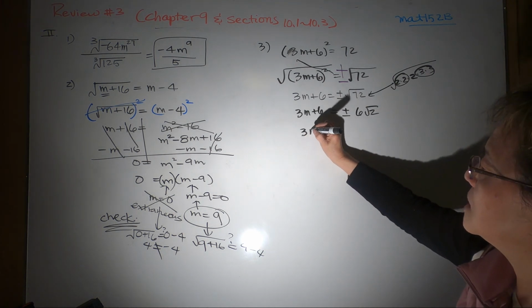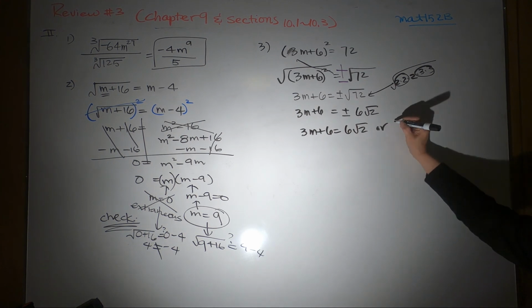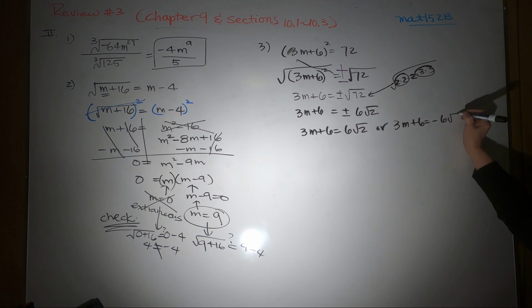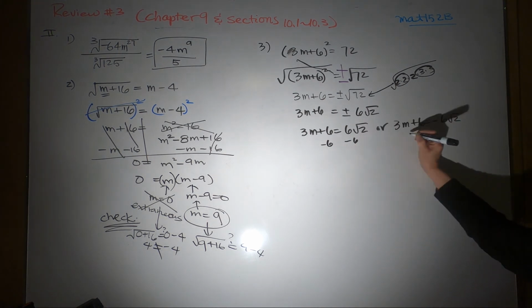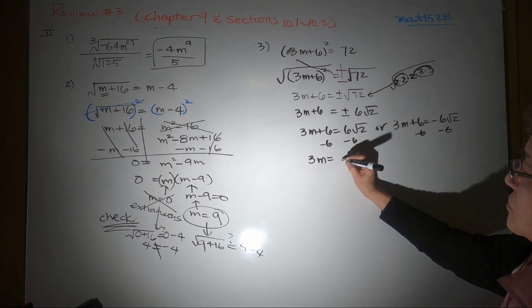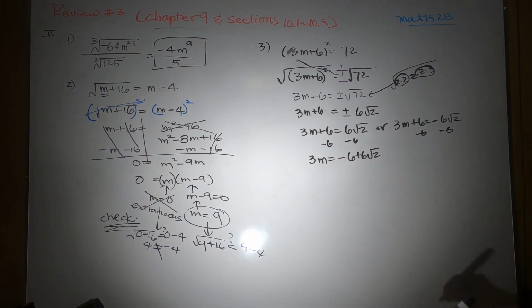Then that means what? You can write it directly, but somehow some of you will get confused with plus and minus signs. Then you write it separately. Okay? So what do you have? 3m equals negative 6 plus 6 square root of 2.